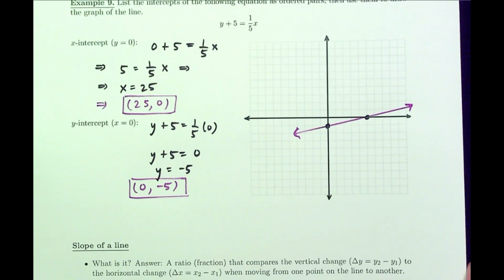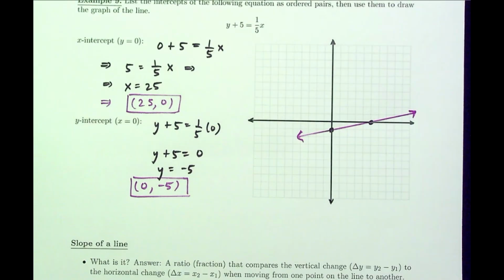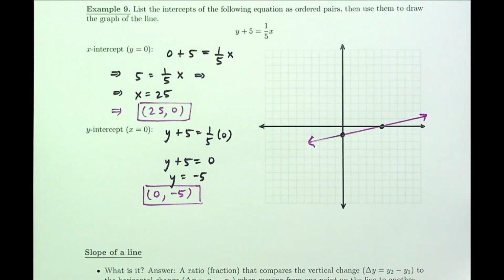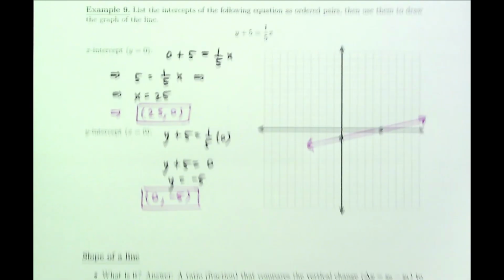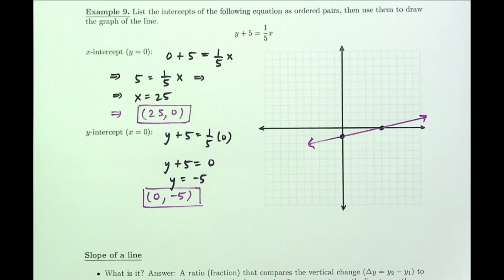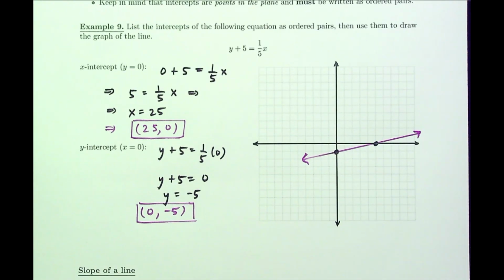So those 2 points are very special, very convenient, the intercepts. Okay, and that's a basic method for drawing lines. There's another method using the slope that we're going to talk about later, but that covers the basics on graphs and how to draw lines.